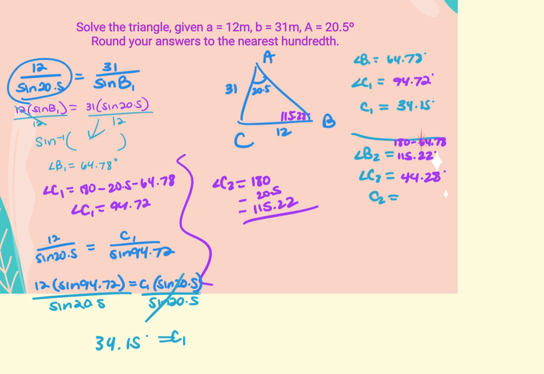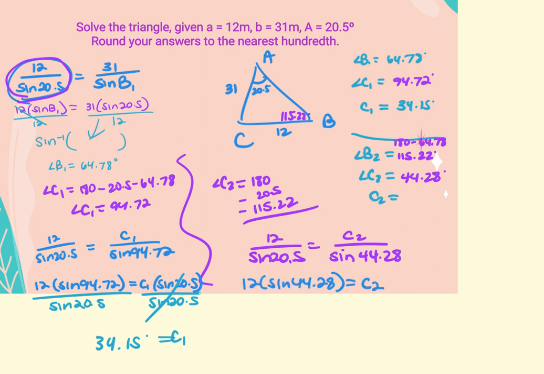So I still go back to the original information that was given for the A's, 12, because that's true for both triangles. 12 over the sine of 20.5 would equal side C2 over the sine of angle C2, which is 44.28. 12 times the sine of 44.28 equals C2 times the sine of 20.5, and then divide both sides by the sine of 20.5.